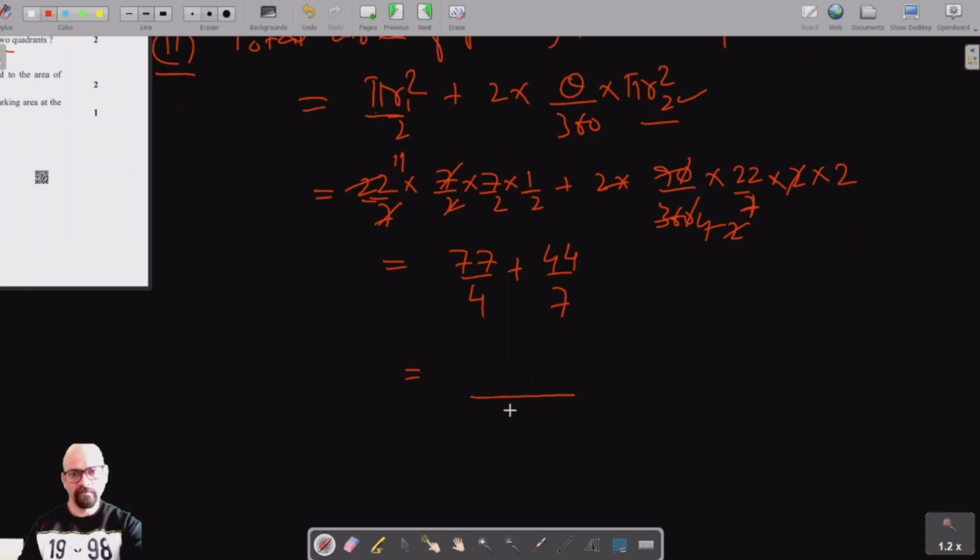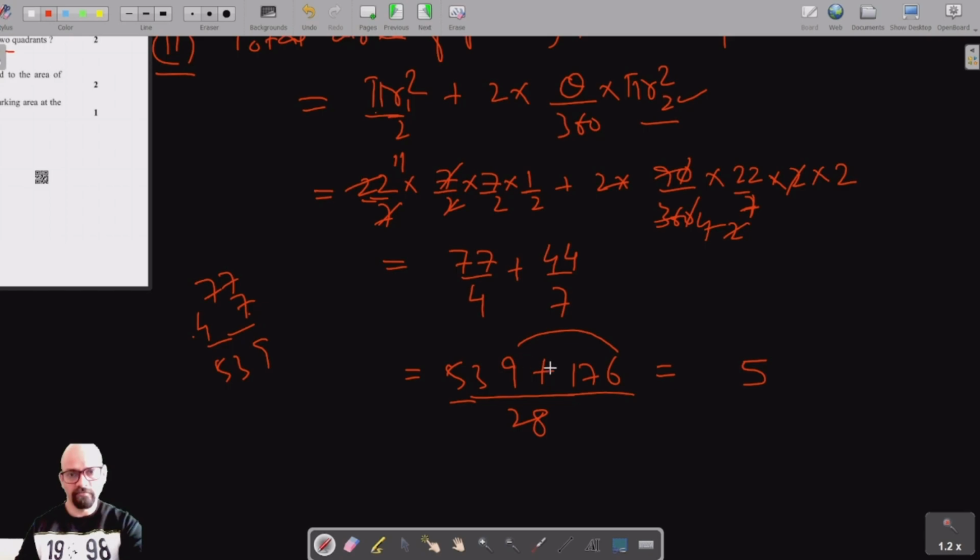So LCM is 28, 28 into 7, 4 sevens are 28, and 77 into 7, which is 539, plus this is 4 into 4 is 16, and the total is 715 by 28 square units.